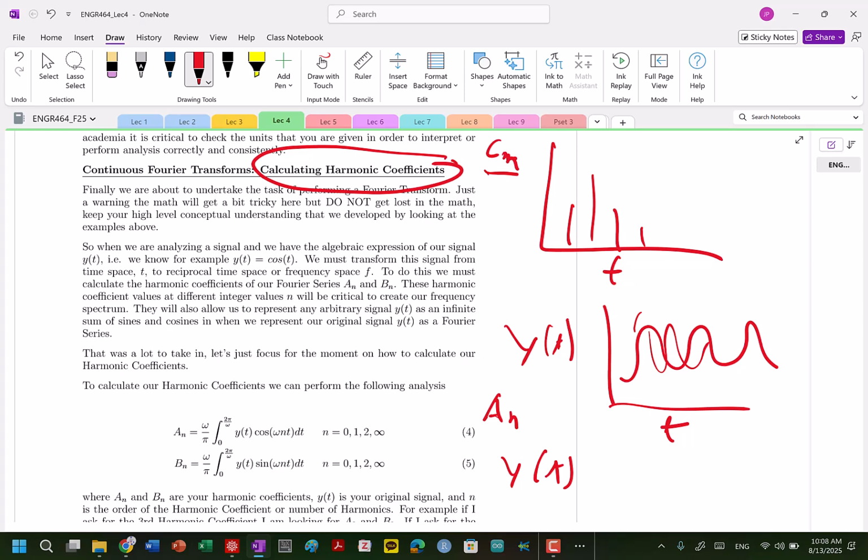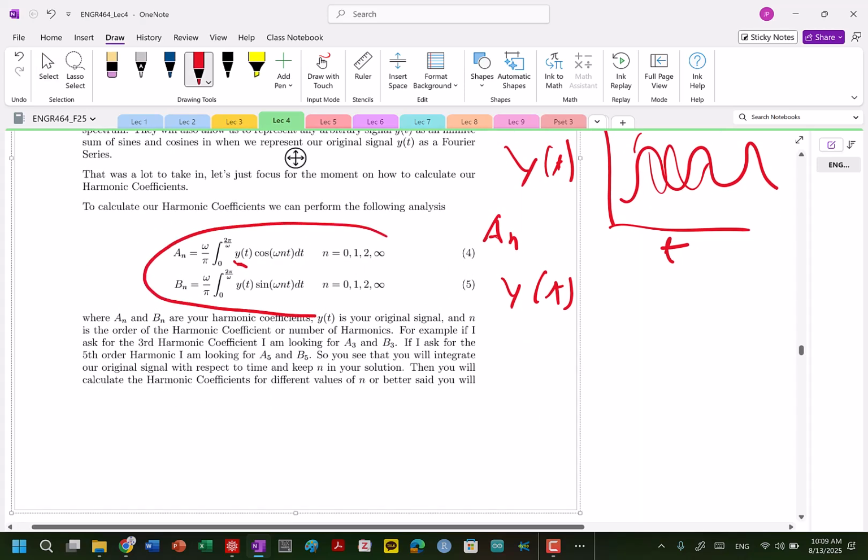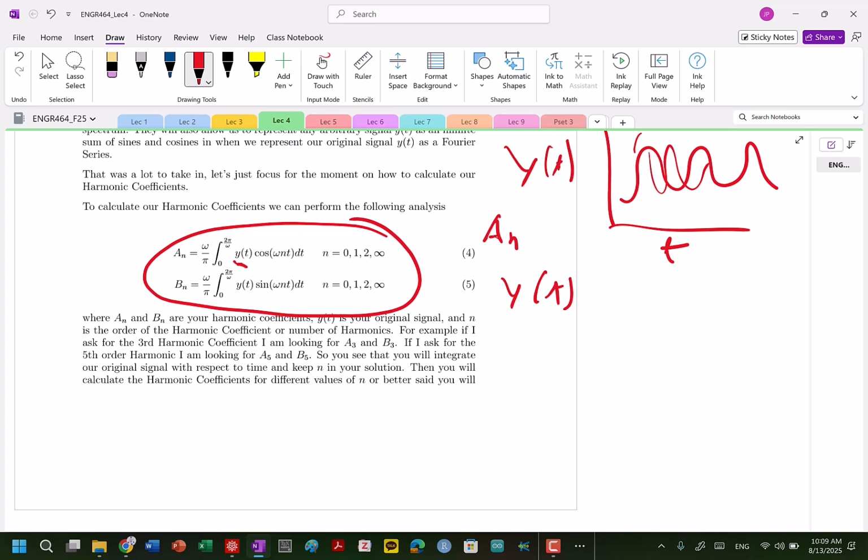A continuous Fourier transform is when we know the shape of our y of t function. So we know what this function is, and we can calculate and approximate it. This is effectively how we're going to calculate those harmonic coefficients. This is a very general function. You should be aware that there are always some slight differences, at least numerically, when calculating harmonic coefficients, whether you're using MATLAB, Mathematica's image periodogram, or just the simple Fourier series.